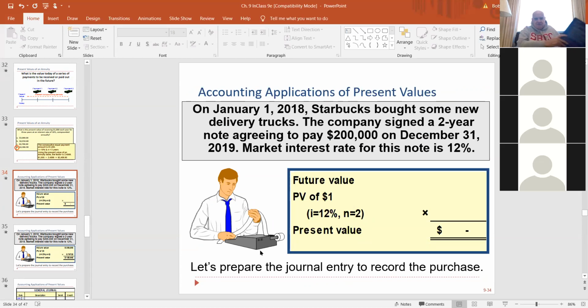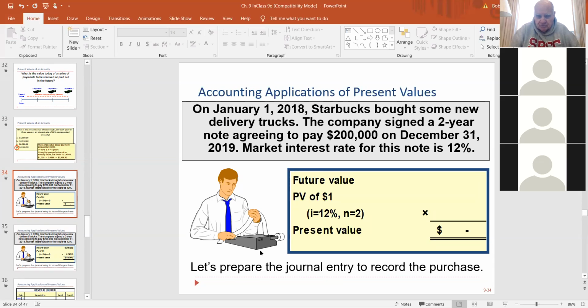Now, remember, I said I would start us off with this problem. This is the exact problem that first student was confused on, except she was using $50,000 to be paid in the future. Okay, so let's see if we can follow along here. Starbucks bought some equipment, and the deal is they signed a 2-year note.